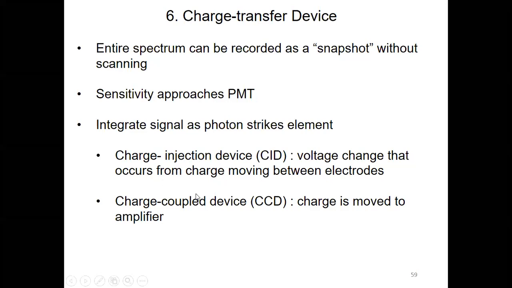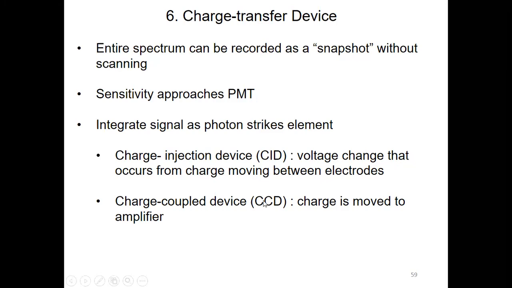In the charge injection device, a voltage change occurs from charge moving between electrodes. When the charge moves between the electrodes, the voltage changes and the signal arises.